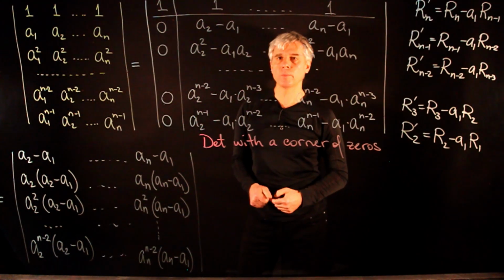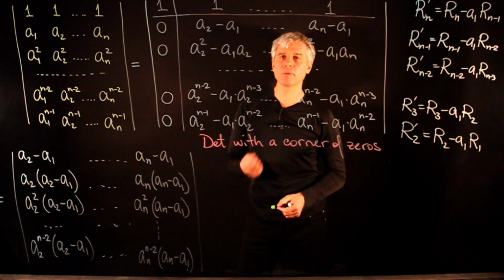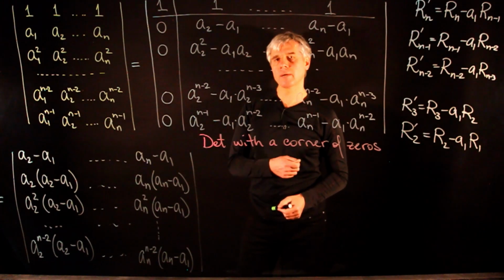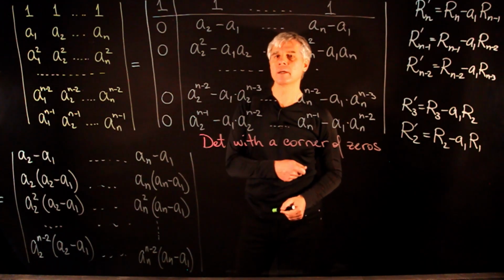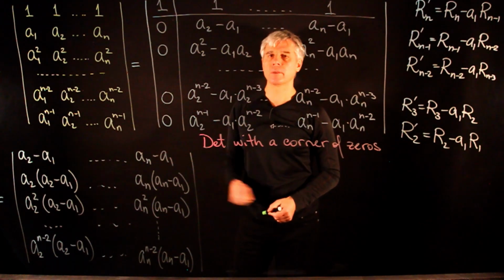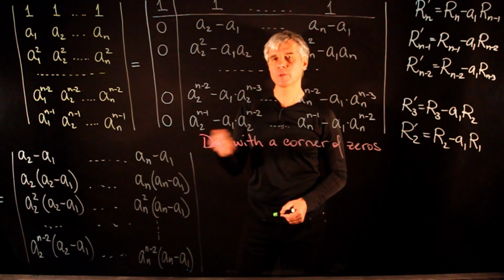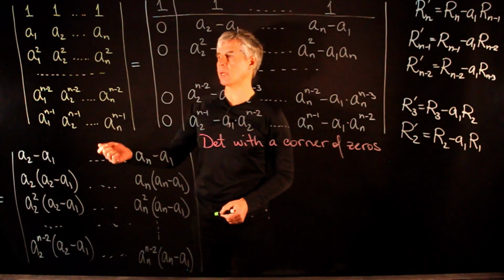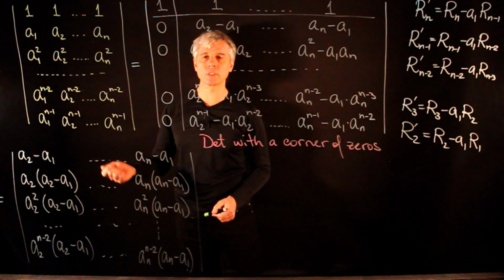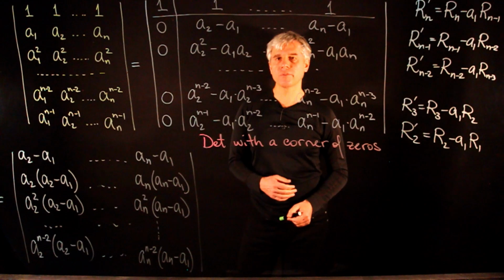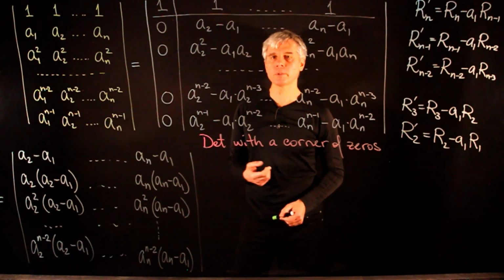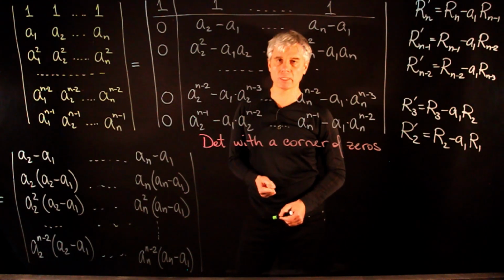We know how determinants behave under elementary row operations. So, for example, if a certain row has a common constant factor, then we can pull this constant factor out of this row, and we also pull it out of the determinant. But we also know that the determinant of the transpose matrix is equal to the determinant of the original matrix.